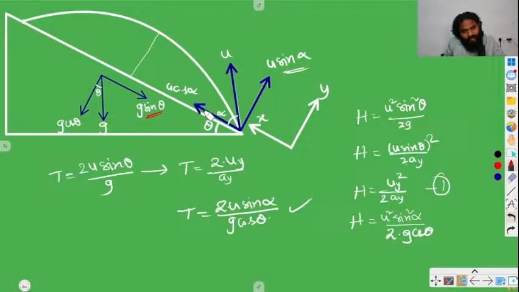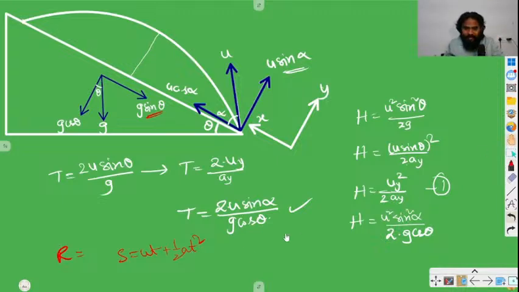Here to here the distance, the range, is x, so you use the formula s is equal to ut plus half at square along the x-axis. By using this formula you can find out the range.